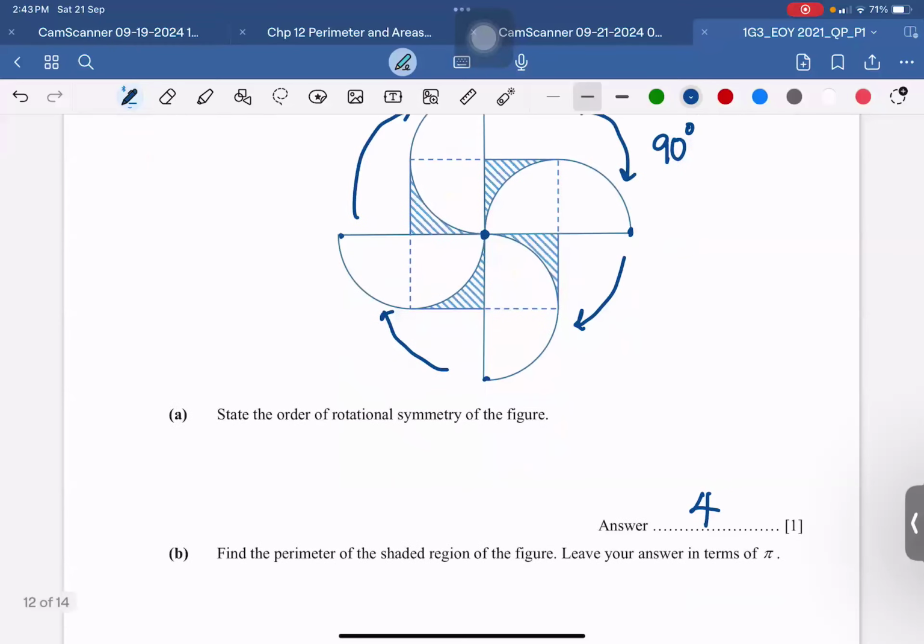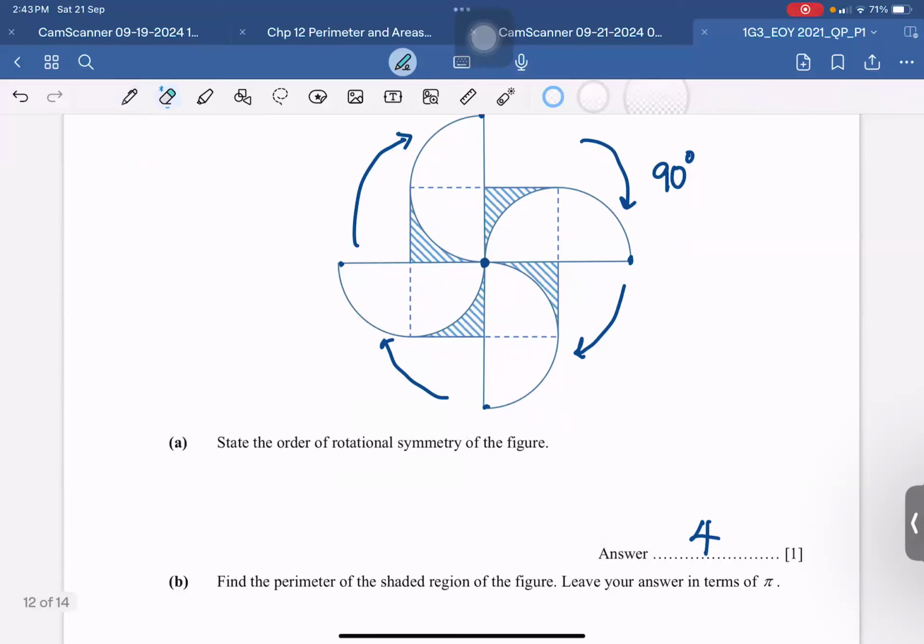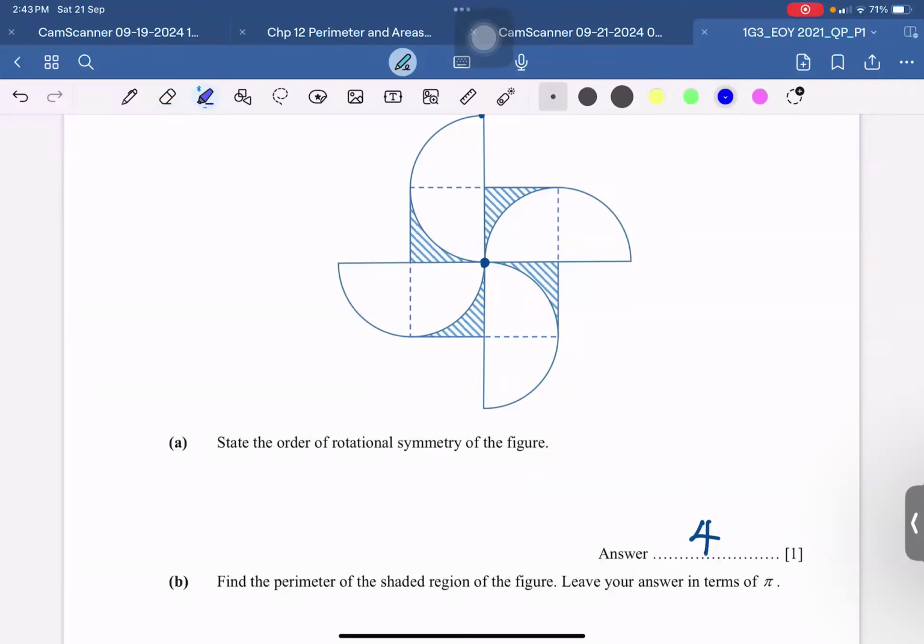Okay, find the perimeter of the shaded region. So I want to find the perimeter of this shaded region. The shaded region is given by 1/4 of a circle, 1/4 of a circle.